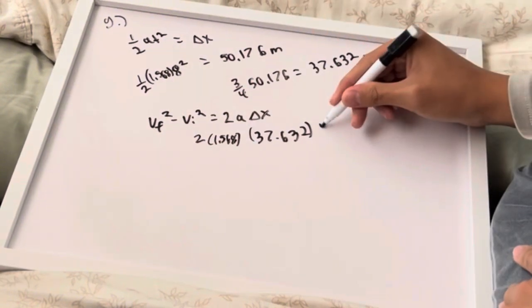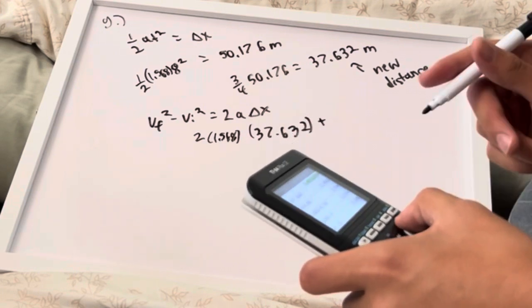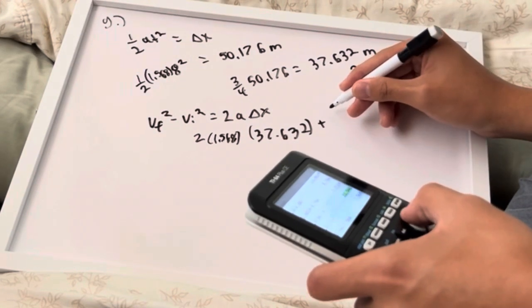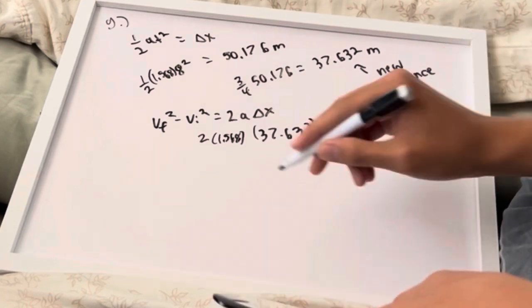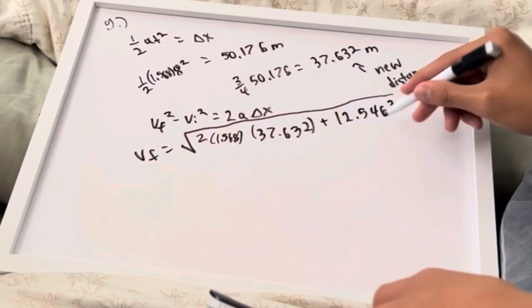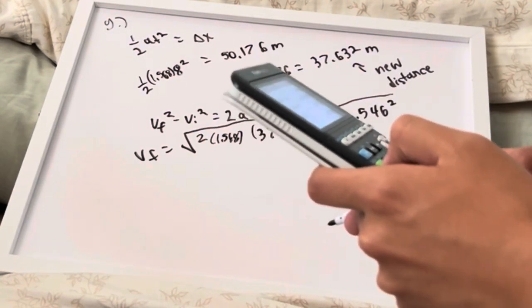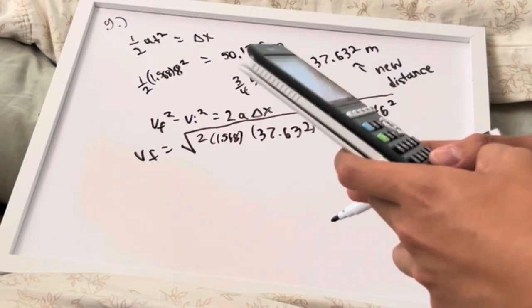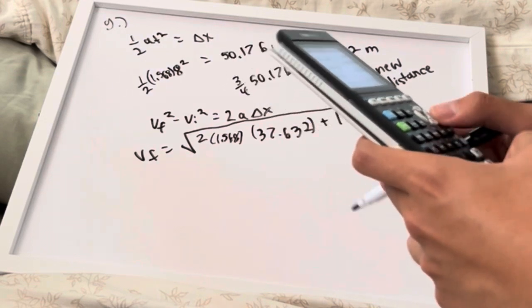I'm going to add the initial speed to the other side, and from that inelastic collision we have the initial speed of 12.546 squared. So Vf is going to be the square root of 2 times 1.568 times 37.632 plus 12.546 squared.